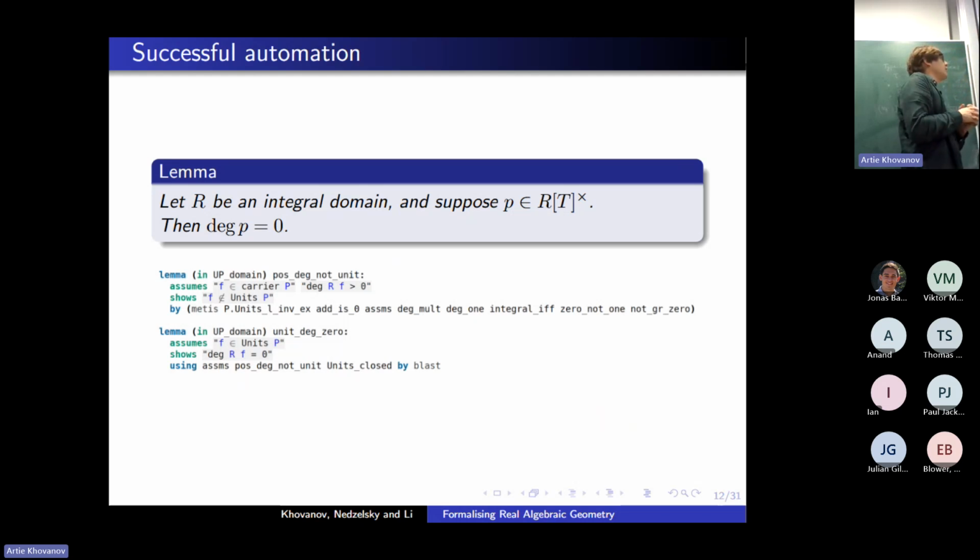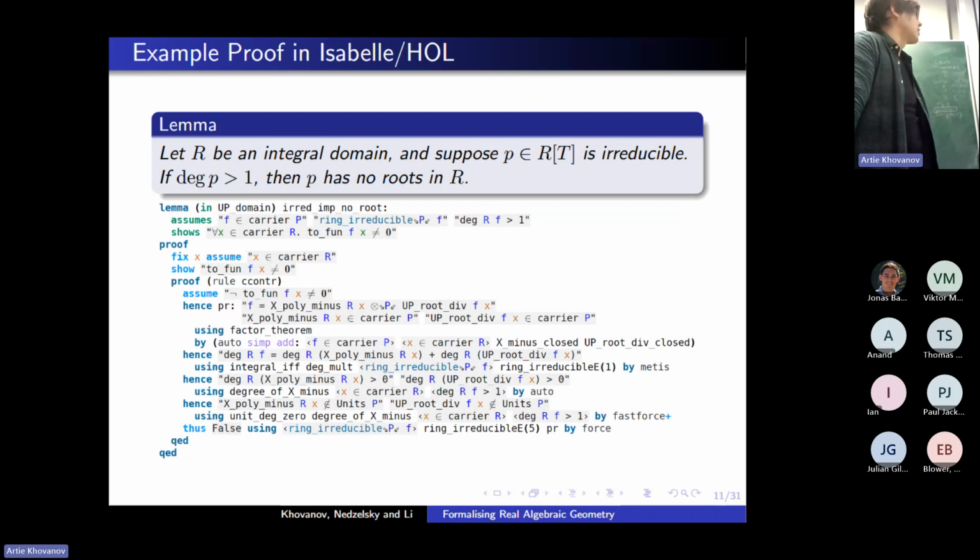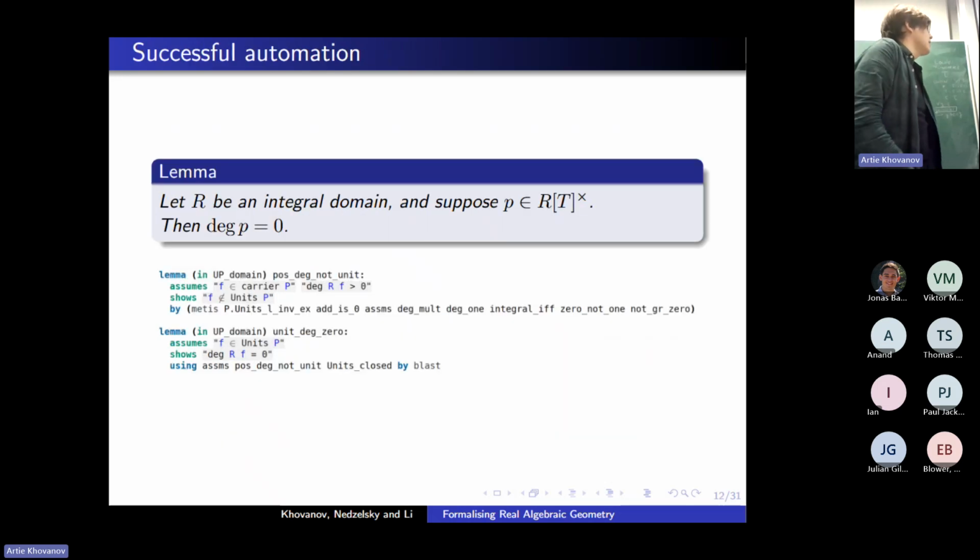And essentially, when the automation is working well, of course you have to write more than you would if you were just explaining the steps to a human, even to a not that great undergrad. But you have to tell it a bit more, but not that much more, right?